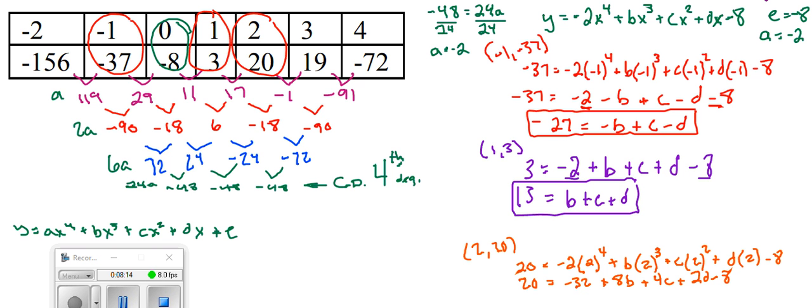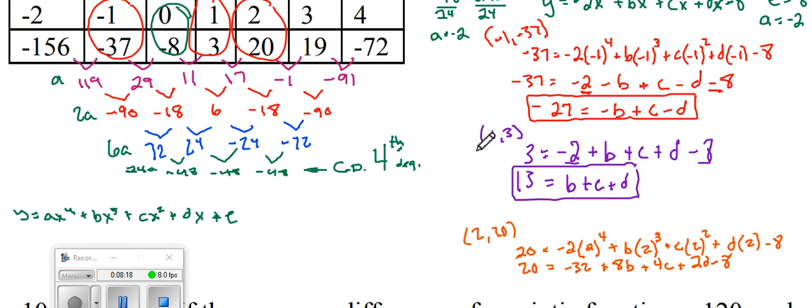And when you're done, that should simplify to 60 is equal to 8b plus 4c plus 2d. My goodness, that's extensive.